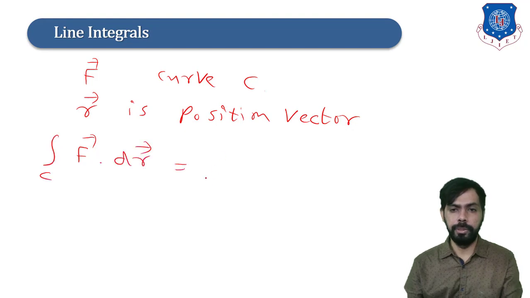Here F is any vector, so it is f1 i plus f2 j plus f3 k, dot dr. What is dr?